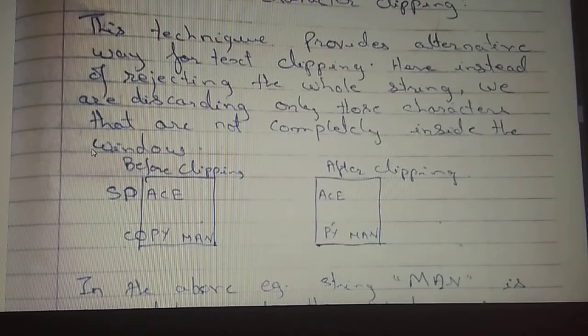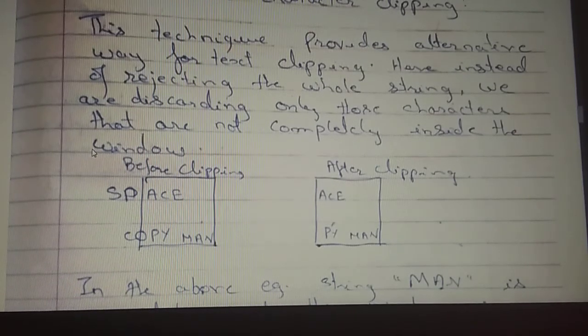Now, in this case, the boundary limits of the individual character are compared to the window. The character which either overlaps or is lying completely outside the window gets clipped. Did you get the point? The character which overlaps and outside, in both the cases it will be discarded, whether it is overlapped with the window or it is outside.